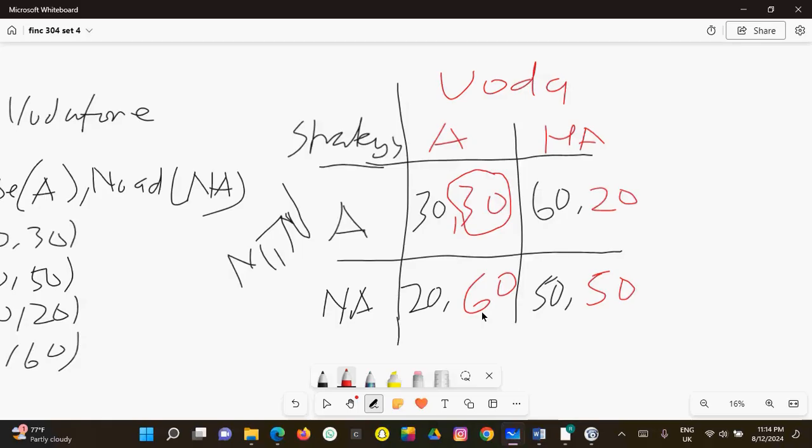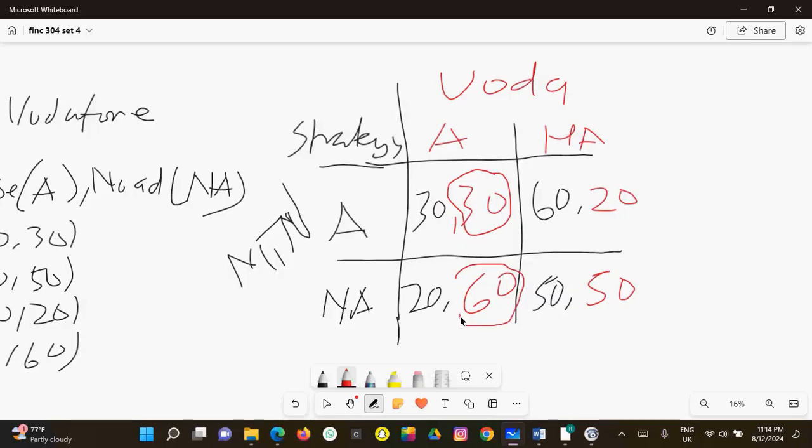If Vodafone chooses to do something, look at what MTN is doing. That is it. So now MTN chooses not to advertise. Vodafone has the chance to choose advertisement or not to advertise. If Vodafone chooses to advertise, 60; not to advertise, 50. So Vodafone will advertise.